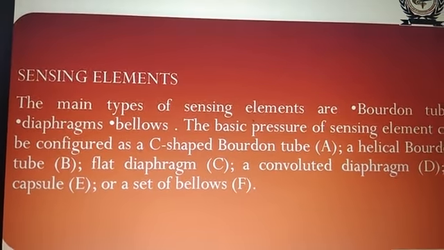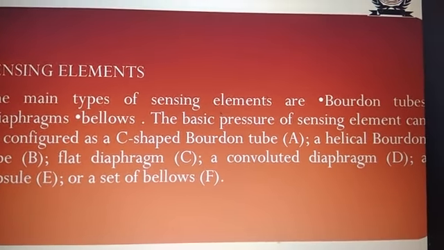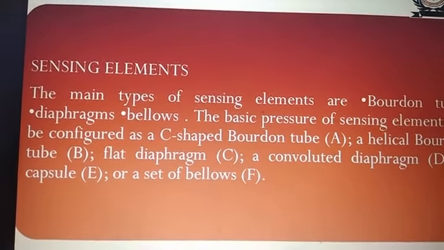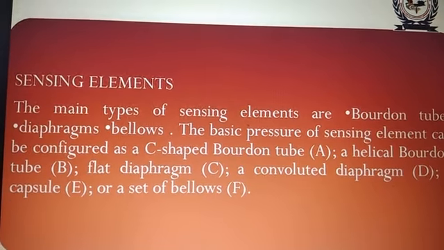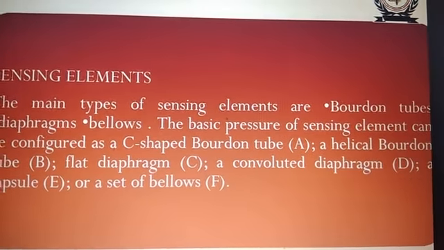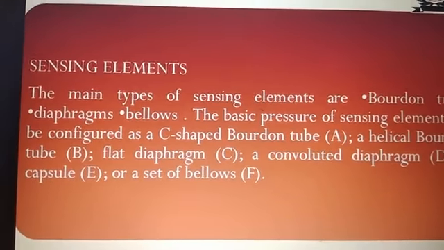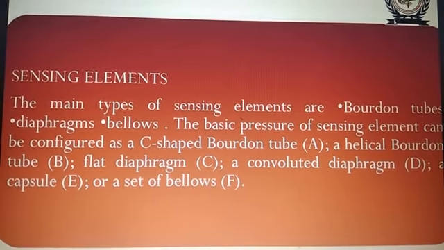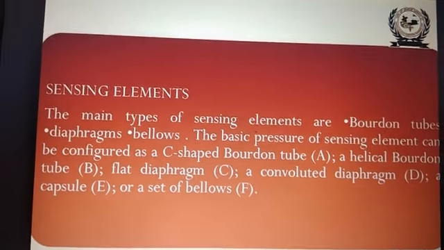C-shaped Bourdon tube, that is figure A. Then a helical Bourdon tube, that is figure B. Flat diaphragm, that is figure C. A convoluted diaphragm, that is figure D. And a capsule, that is figure E. And lastly a set of bellows, that is figure F.